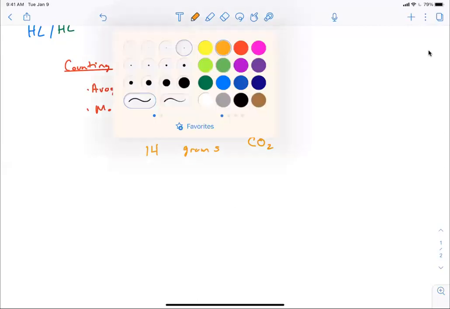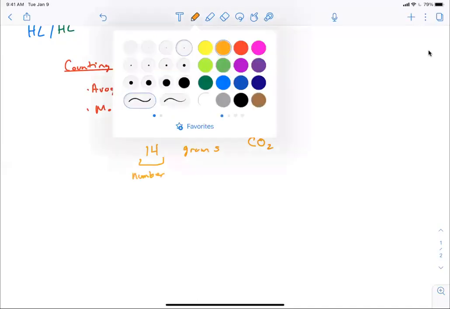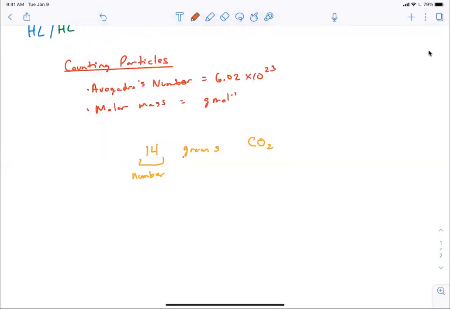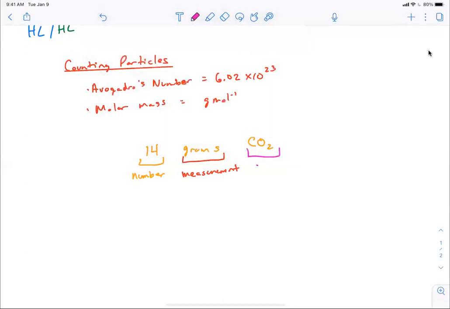There is the number, which will change as the units change. There is the measurement, and then there is the substance, okay?